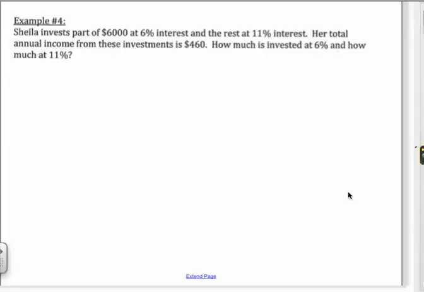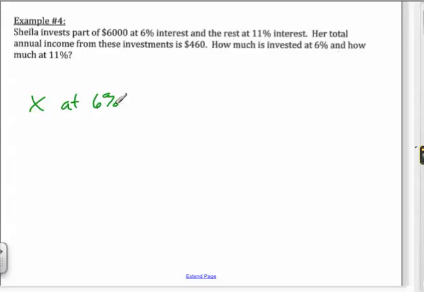Okay. So how do I find out how much money she made at 6%? How can I represent how much? If I said that she invests X amount at 6%, right? How much does she invest at 11%? It's not going to give me a number. How do I represent that number?